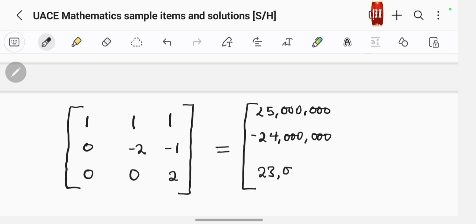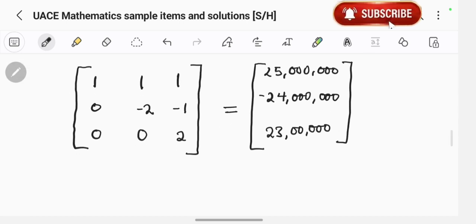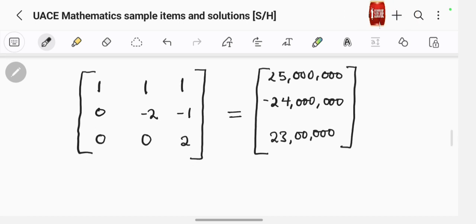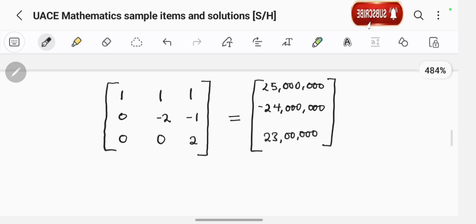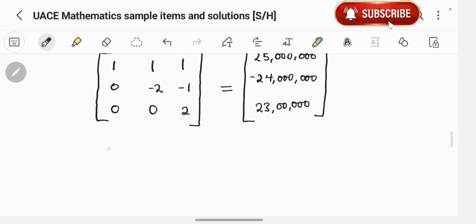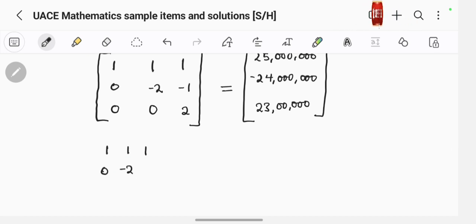23 million. So this is what we have. After getting this, I'm going to bring back my unknowns. So I'm having 1, 1, 1, 0, negative 2, negative 1, 0, 0, 2.